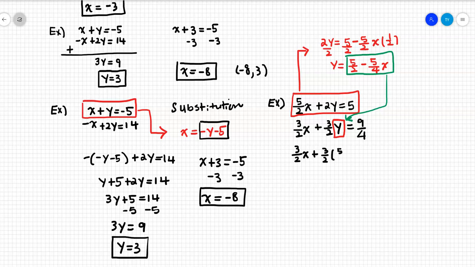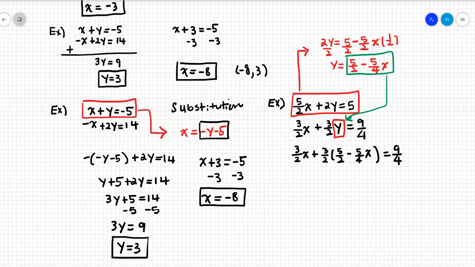So I have what? 3/2 times 5 over 2 minus 5 over 4x equals 9 over 4. So as you can see, we no longer have y there. Okay? So we're going to have to be multiplying this out, but that's okay. We are going to do this one at a time here.